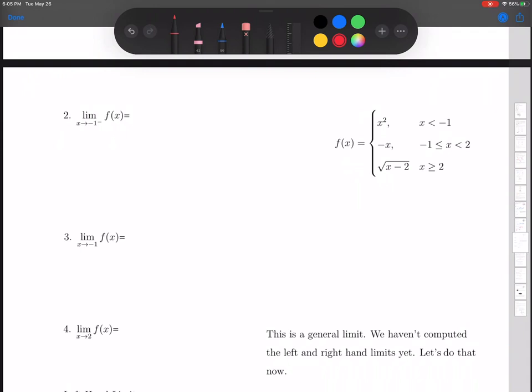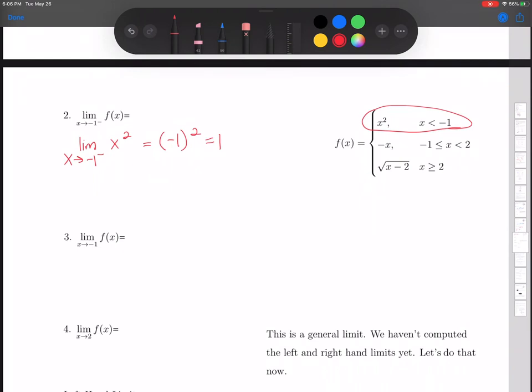Left-hand side means we're going to be plugging numbers that are slightly less than -1. So what that means for me is probably this one right here. So that means we're going to utilize that part of our function. The limit as x approaches -1 from the left, we're going to plug that into x squared. If we actually evaluate this, it's going to be -1 squared, and this is going to be +1.